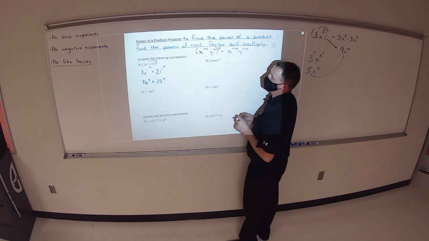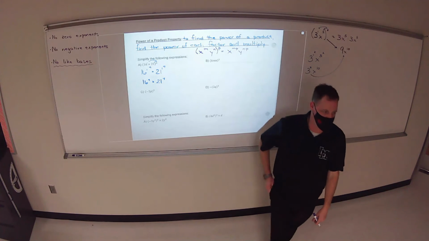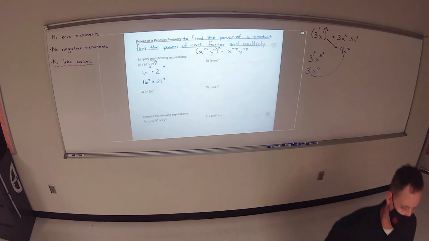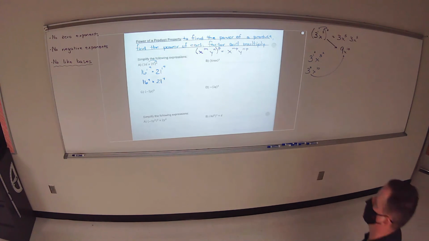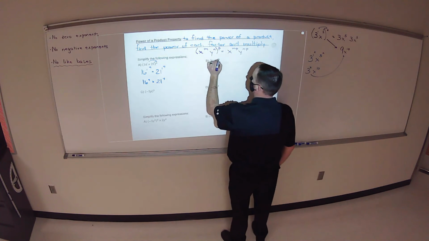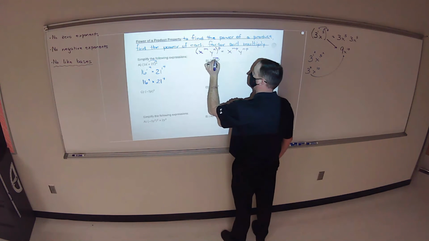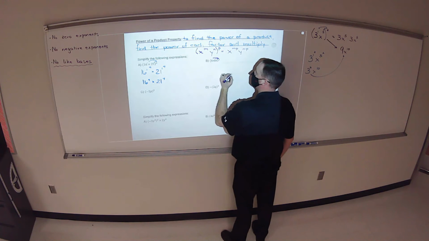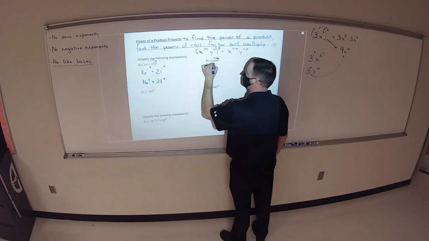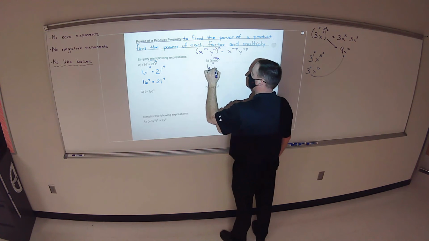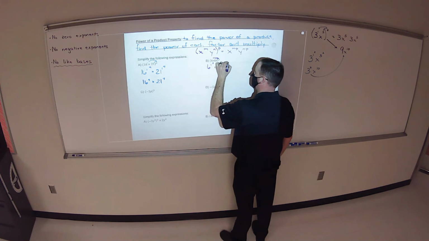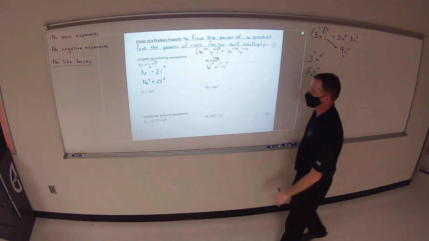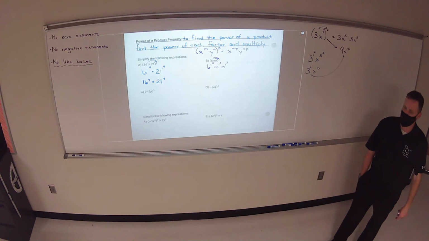Okay, how many things are inside my parentheses in the letter B? 3. All 3 of those need to be taken to the third power. 6 to the first raised to the third, m to the first raised to the third, n to the first raised to the third. Okay, again, what do we do with power raised to power?